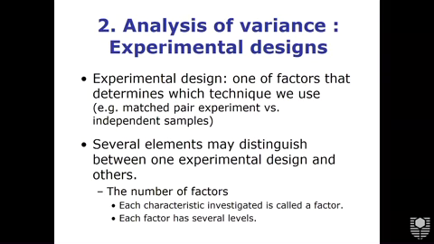I think we have a summary. So we're going to have analysis of variance for experimental design. One of the factors that determines which technique we're going to use is matched pairs versus independent samples, several elements to distinguish here.